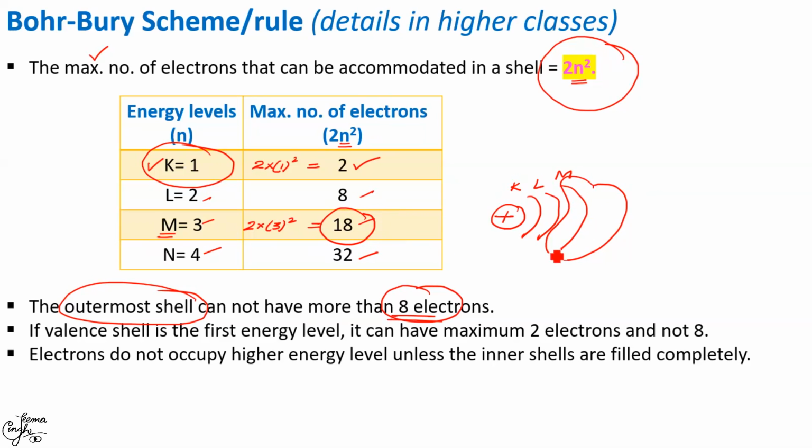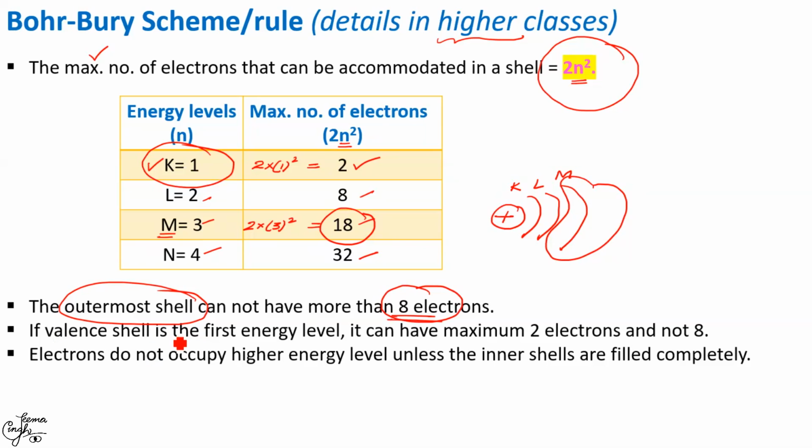So this M cannot have more than 8 electrons if it happens to be the valence shell or the outermost shell. This is because the moment the outermost shell has 8 electrons, the atom becomes highly stable. We'll learn more about this in higher classes.